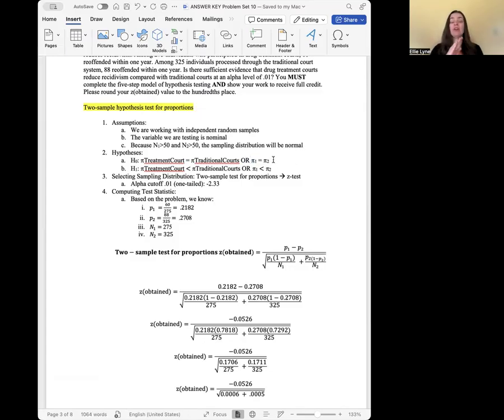We will never use P or small p for proportions at this stage. You will use that in your computation step because that has to deal with samples. But keep in mind for our hypotheses, we are always testing against a population parameter. And because of that, we will always have a pi symbol when you're doing a hypothesis test for proportions.